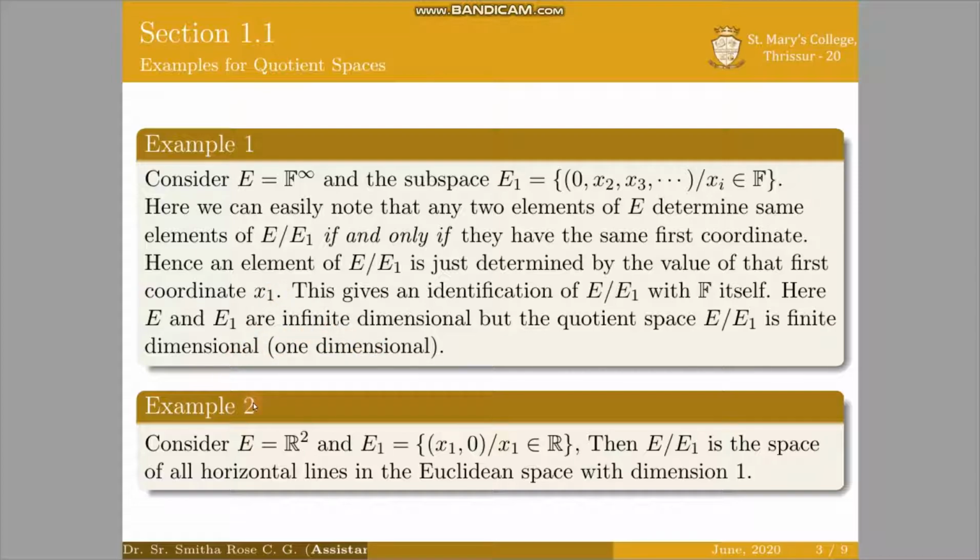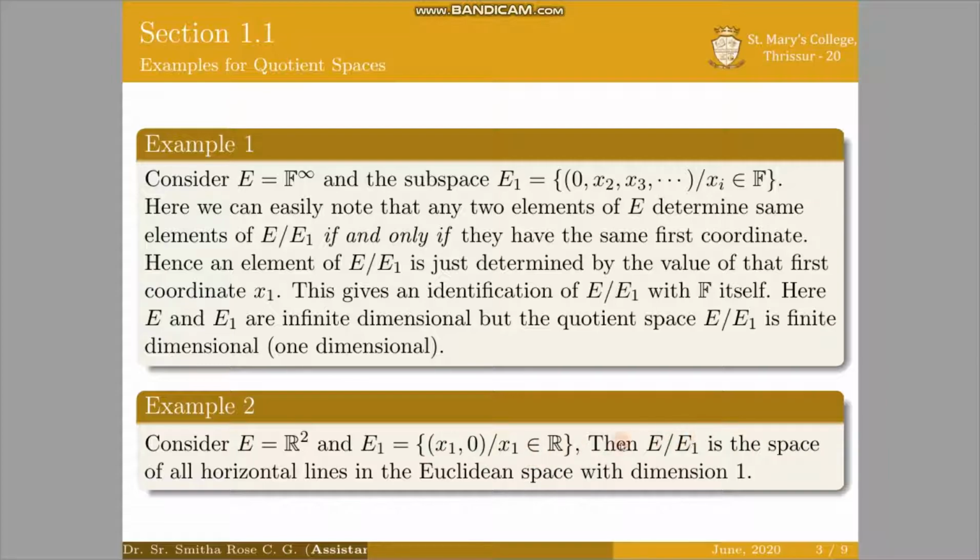Now in example 2, we will have an explicit example of what we have discussed in example 1. Here I am taking E equal to R2, the Euclidean plane, and E1 is the set of all ordered pairs (x1, 0) such that x1 is an element of R. What is it? It is a real line, the horizontal real line.